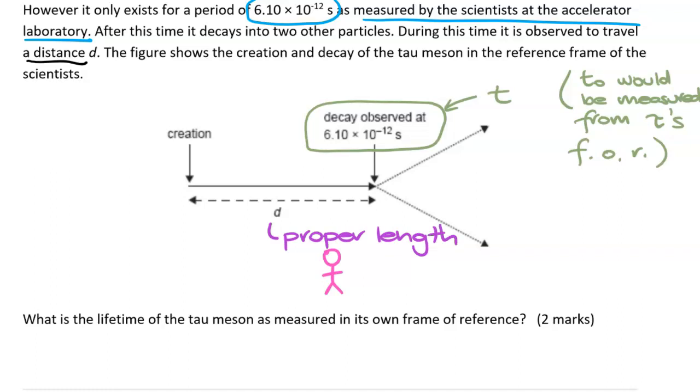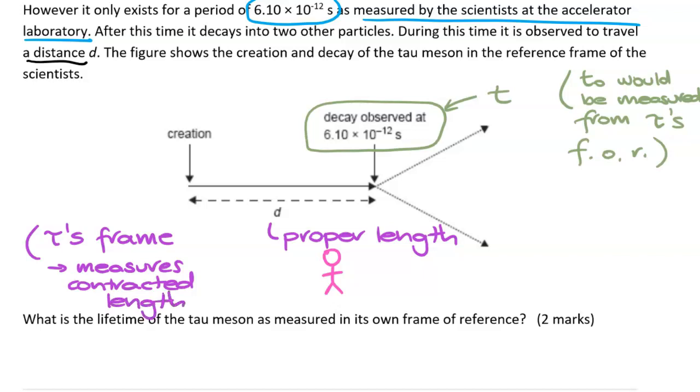So that means from the tau's frame of reference, they would measure, tau's frame measures contracted length. So that's really important. So again, the tau meson is going to be measuring the proper time because imagine the tau meson with a teeny tiny clock.